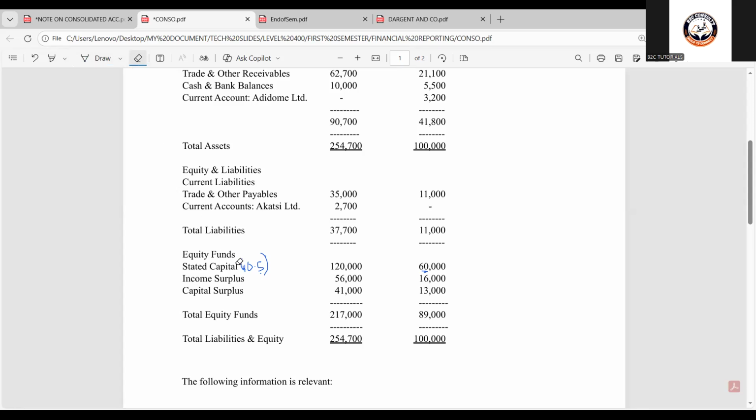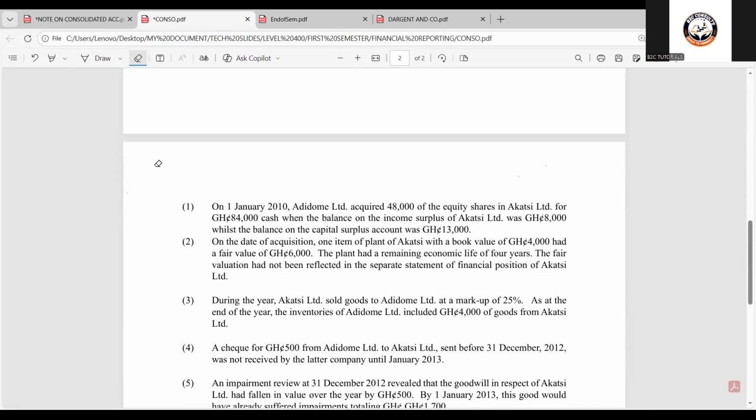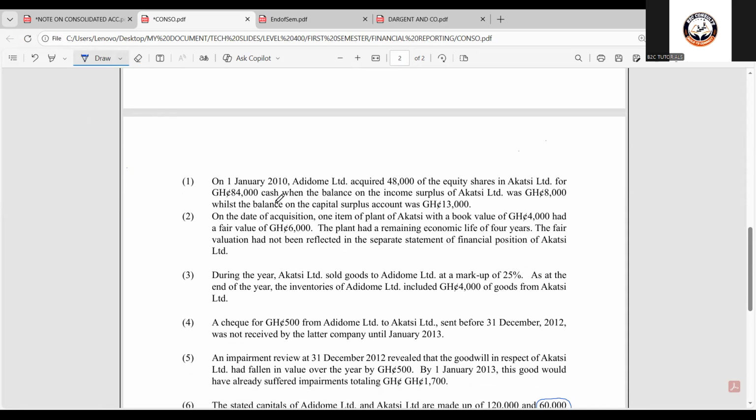Having determined that part of the question, let us look at any other items we can make here. Now, yesterday I tried showing you that the split account would consider some items for your net assets at acquisition and net assets at end.